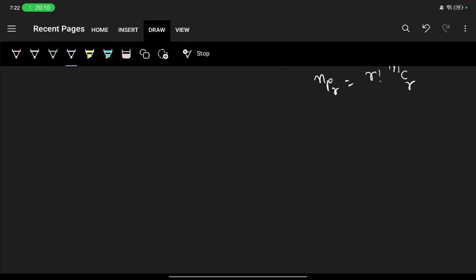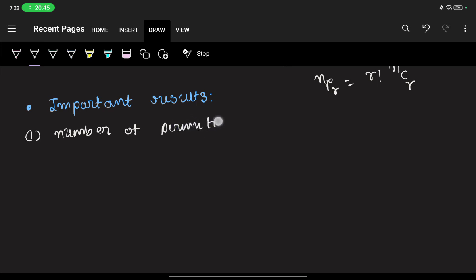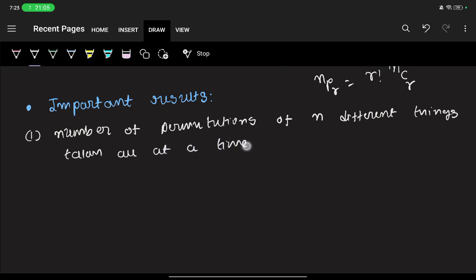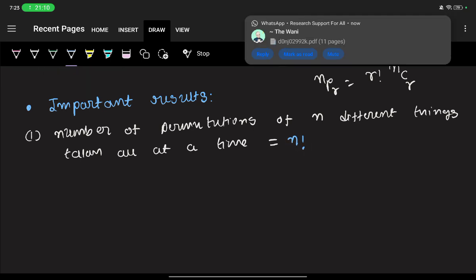The number of permutations or arrangements of n different things taken all at a time is given by n factorial.